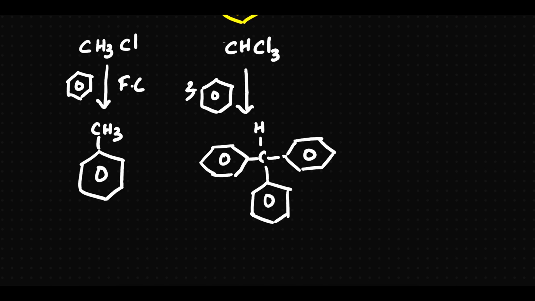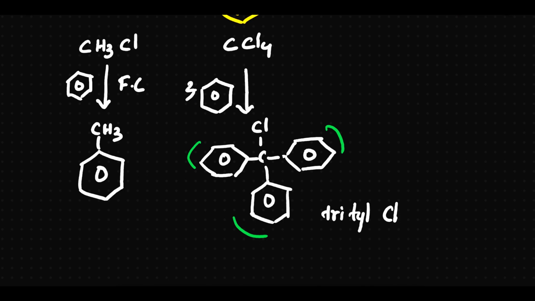Okay, what if we are using tetrachloromethane, CCl4? Due to steric hindrance, there will not be substitution of the phenyl group. Instead it will only form triphenylchloromethane, also known as trityl chloride.